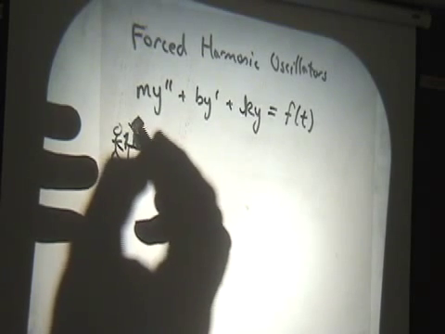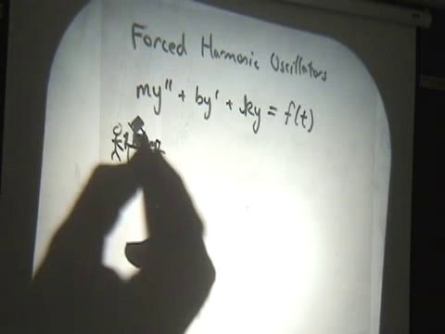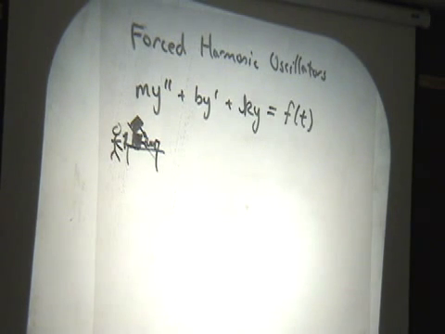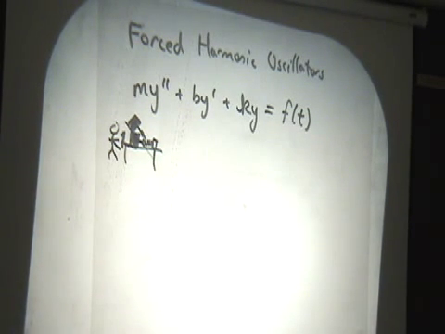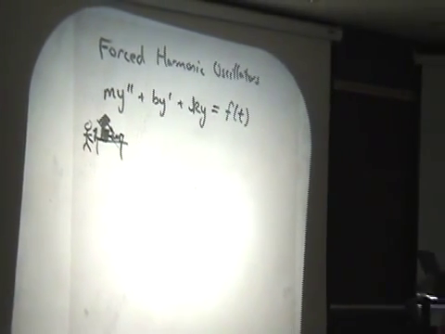That object that's attached to the table and really heavy stays where it is, but the mass on the spring obviously can move up and down. In effect, you're changing how the force of gravity acts, and if you do this in an up-down motion, you might be able to model your up-down motion with a periodic function like a sine or a cosine, and that's another way you can imagine the external forcing coming in.